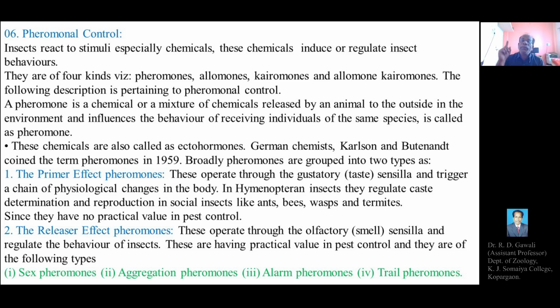They have practical value in pest control and are of the following types.